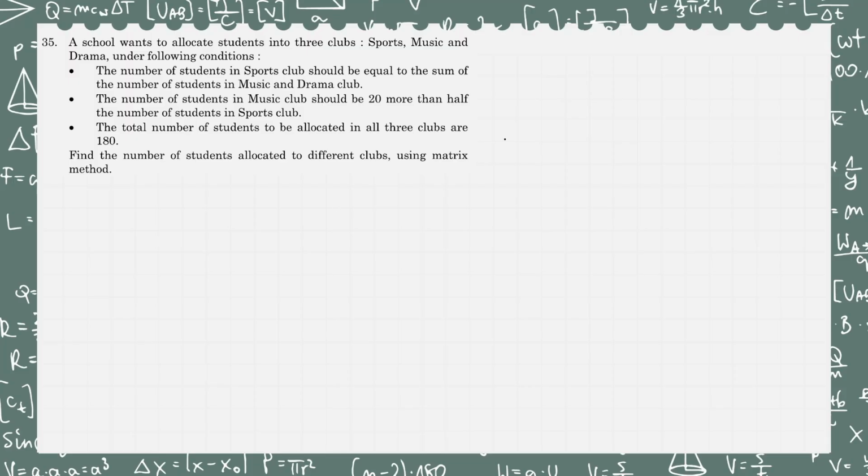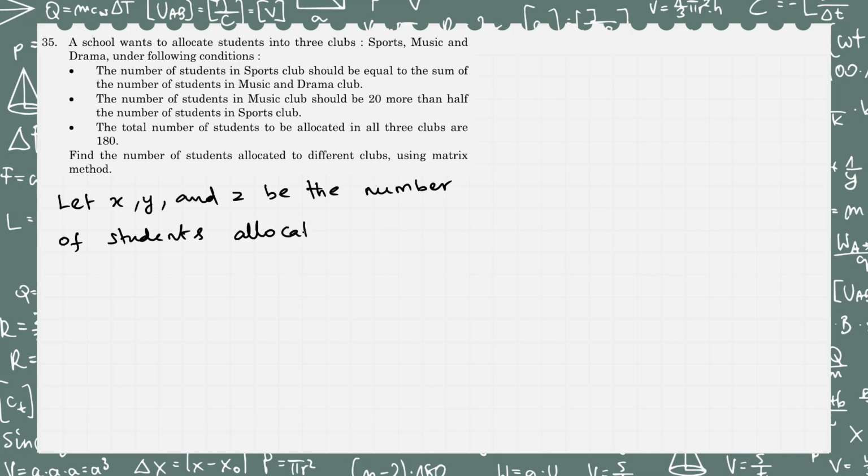First of all, we need to create 3 linear equations using the 3 given conditions, for which we need to assign the variables. So, let x, y and z be the number of students allocated to sports club, music club and drama clubs respectively.